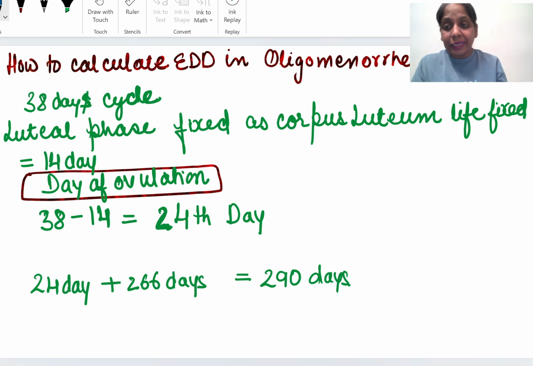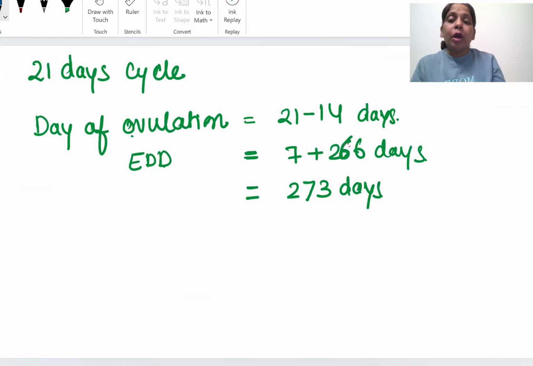I hope you understand. Let's see one more example, of polymenorrhea. Polymenorrhea is fewer days of monthly cycle. So for example, it is 21 days. Then the day of ovulation will be 21 minus 14, that is, on the 7th day the ovulation is occurring, right?